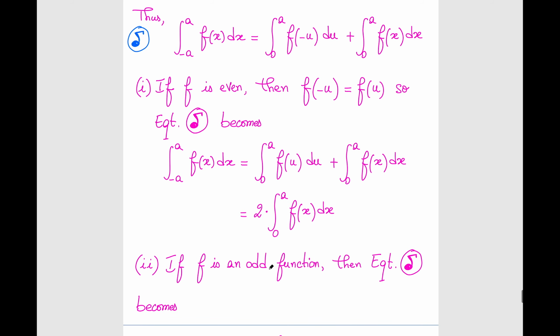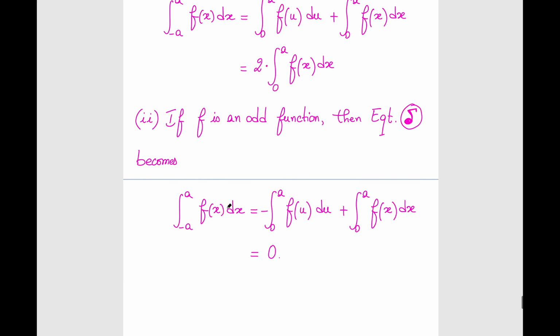If you assume now, for part 2, that the function is odd, which means f of negative u is negative f of u, the equation now becomes the integral from minus a to a of f of x dx equals minus the integral from 0 to a of f of u du plus the integral from 0 to a of f of u du.